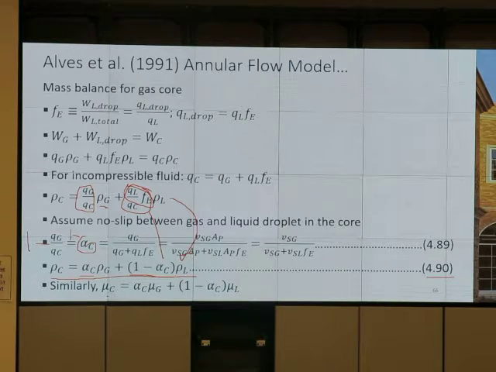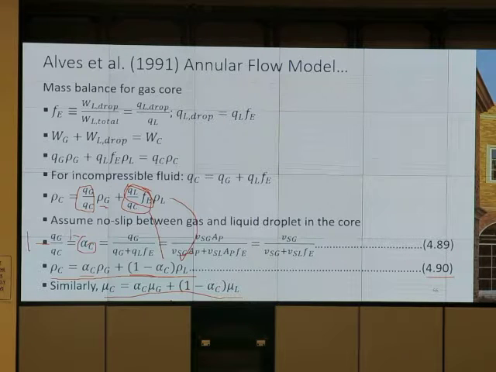Similarly, viscosity is like that too. The only time that we don't do it like that is when it is an emulsion. For emulsion we use the Brinkman correlation, 1 minus phi to the power of minus 2.5. You remember that very first lecture? Okay. When we add dispersed phase in, the viscosity goes up exponentially.